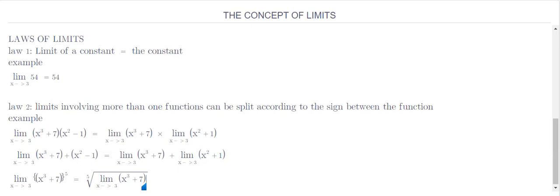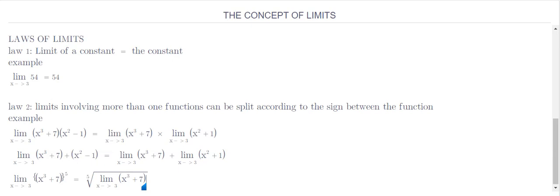I've used an example. This is how we always write limit: the limit of 54 as x tends to 3, that is with an arrow. The constant there is 54. x is tending to 3, but the value is 54. So that limit is going to be that constant value, which is 54.